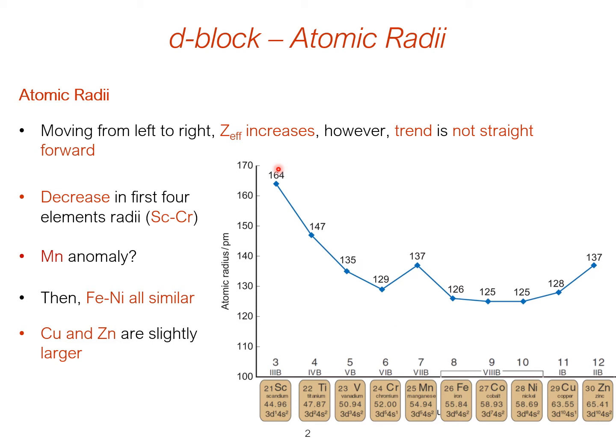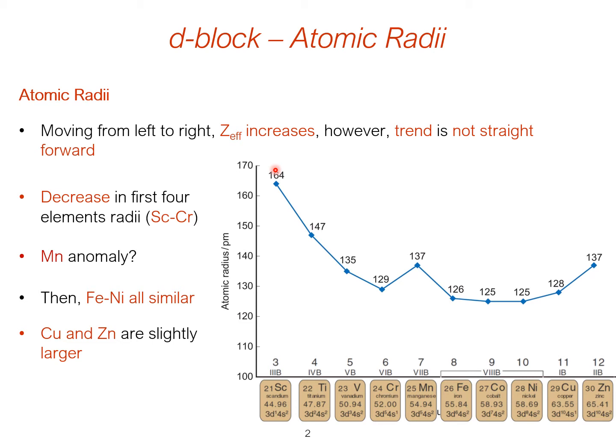So take it with a grain of salt and realize that this general trend of it starting high, going down, and then coming back up, this is for sure a thing, and we've got reasons for that. We've also got reasons for why it doesn't continue going straight down. This manganese anomaly, I take it with a grain of salt and kind of ignore it.